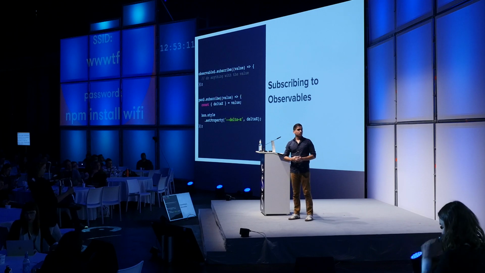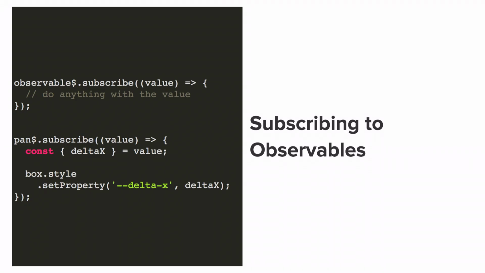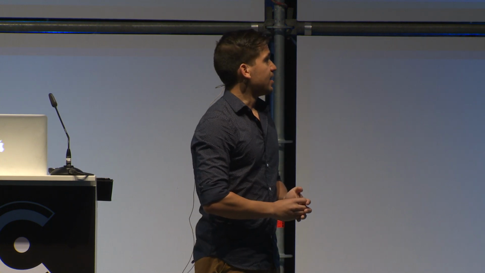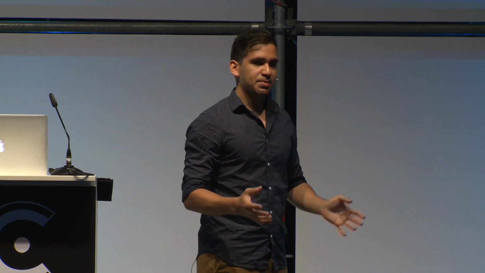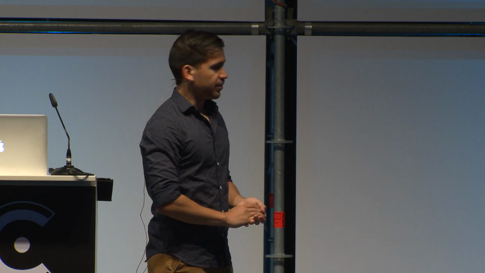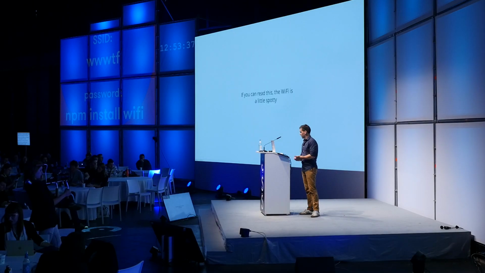Once you have an observable, if you hit .subscribe, you get each value as they come in. So it's sort of like a callback. Except by doing this, you could isolate all of your side effects and changes into one .subscribe. And the observable, the other good thing about it is you define it, but it doesn't do anything unless it absolutely has to. So it's really lazy, sort of like me.